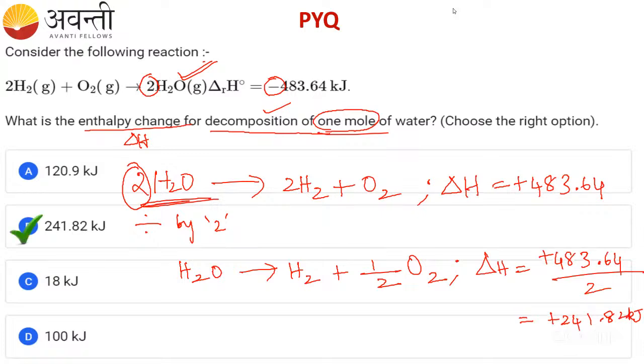Correct answer. So many of you have got the answer. I hope all of you are able to follow the steps which I am saying. Am I right? All of you able to follow?